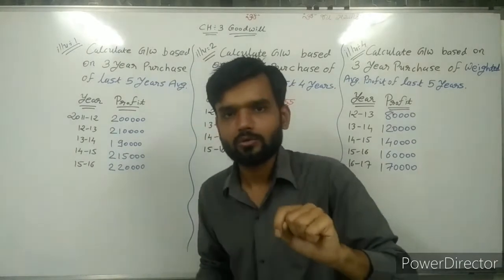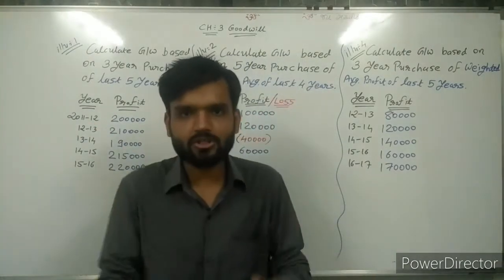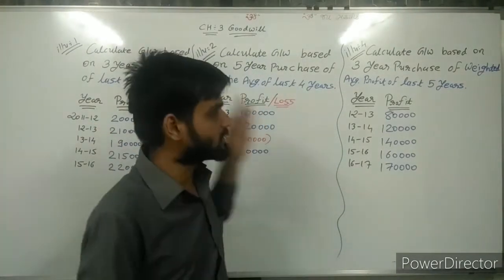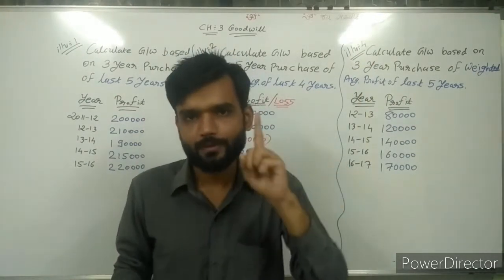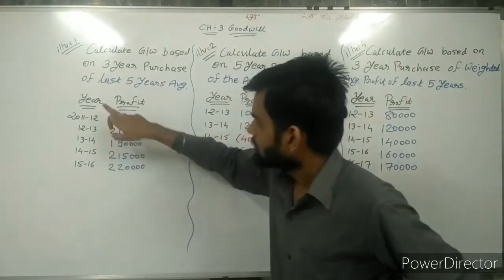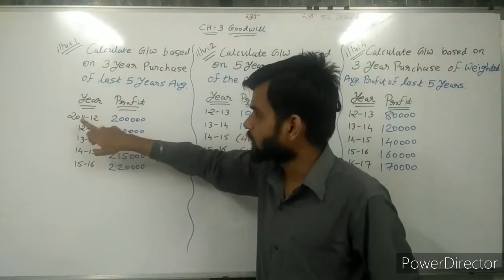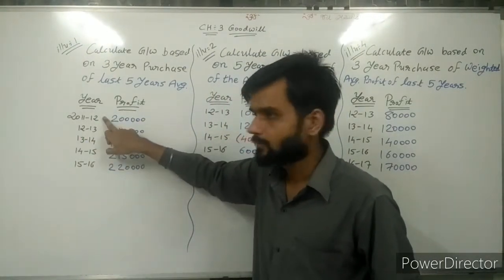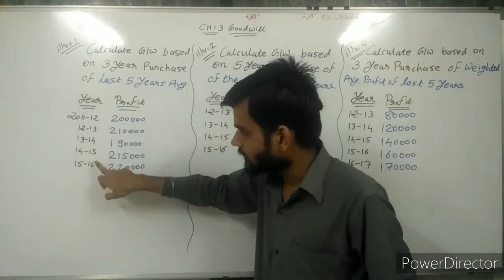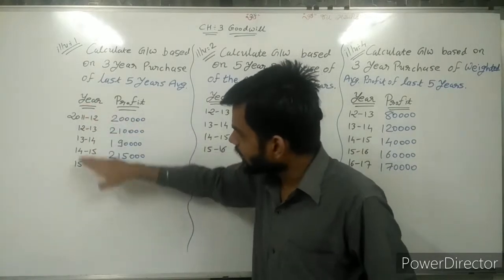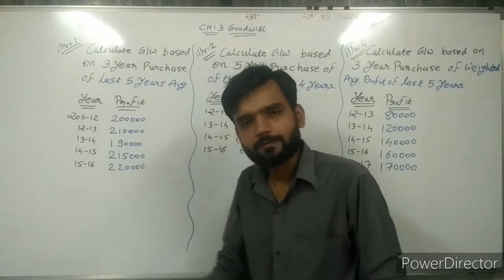Now try to understand. Here 3 sums are given, 3 questions, and see the profits of these 3 companies. Number of years: 2011-12, 12-13, 13-14, 14-15, 15-16. So 5 years of information is given.